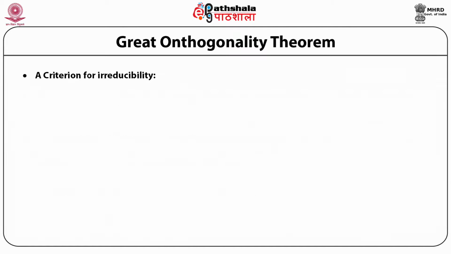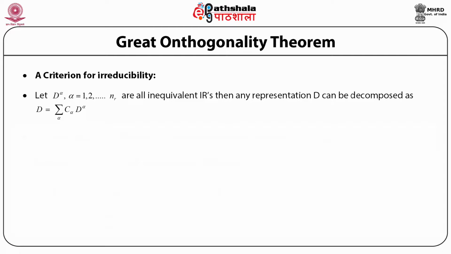Now I discuss a criterion for irreducibility, which is of great use in applications and in deciding whether a given representation is reducible or irreducible. Let D alpha, where alpha is equal to 1 to nr, be all the inequivalent irreducible representations.